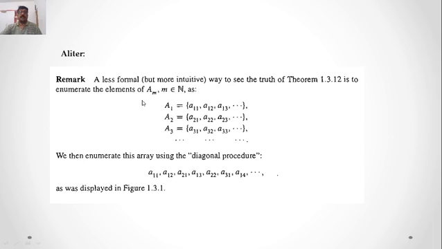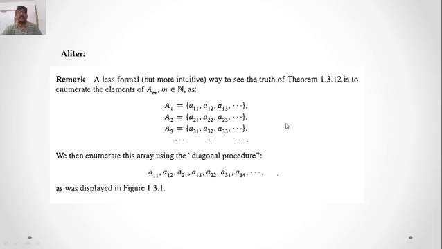Now another way, also we can establish this result. Because A_m is countable, A_m can be listed as a sequence. A_1 can be listed as A11, A12, A13, etc. A_2 you can write as A21, A22, A23, etc. Now taking elements diagonally, A11 you write in the first row, A21, A12 in the second row, A31, A22, A13 in the third row.